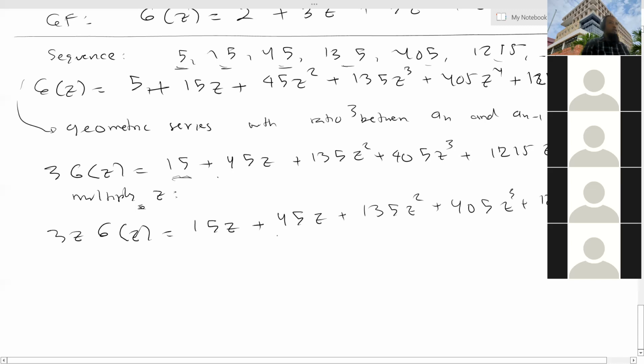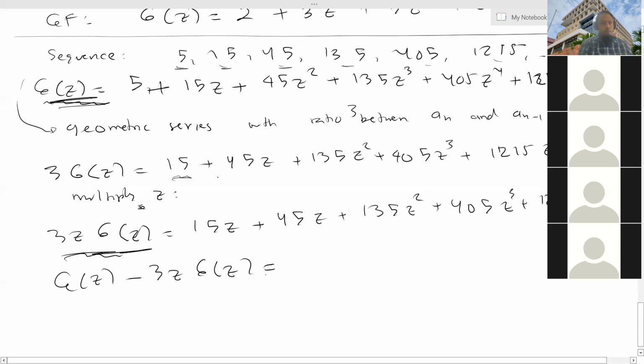Now that is actually something that we could do, right? So you take this and you take this. If you subtract G(z) minus 3z G(z), what do you get if you subtract this line against this line? Anybody?